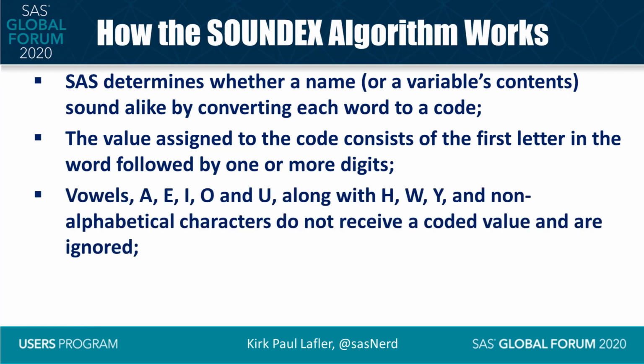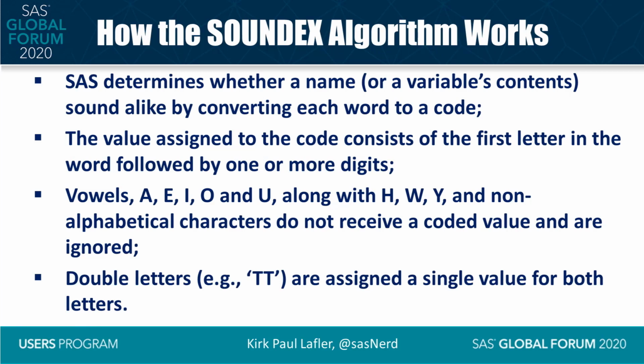Vowels such as A, E, I, O, and U, along with the letters H, W, Y, and non-alphabetical characters, do not receive a coded value and are consequently ignored. Words with double letters, such as double T's, are assigned a single value for both letters.